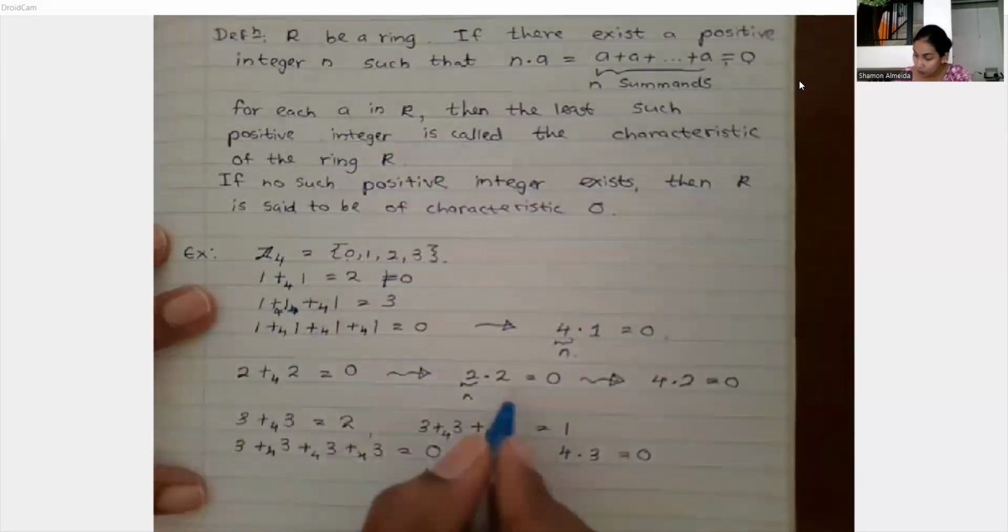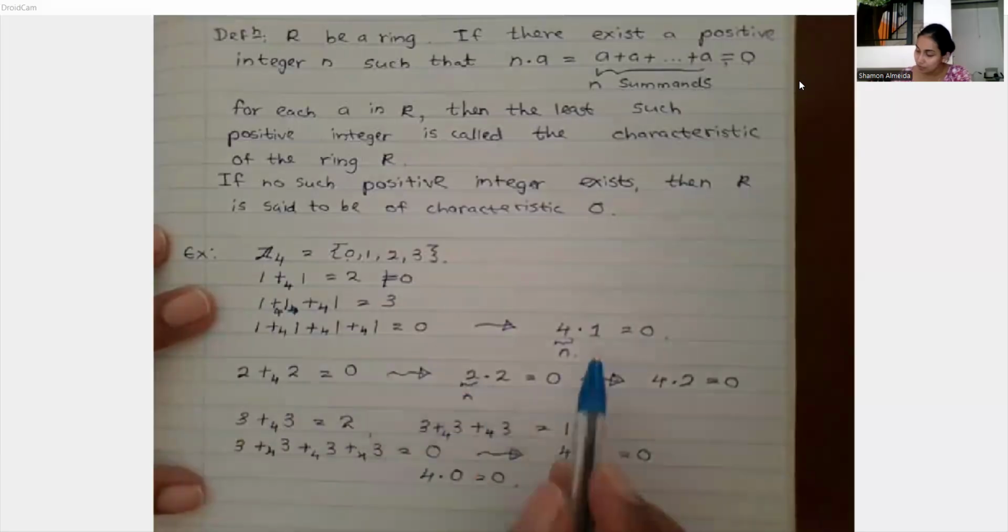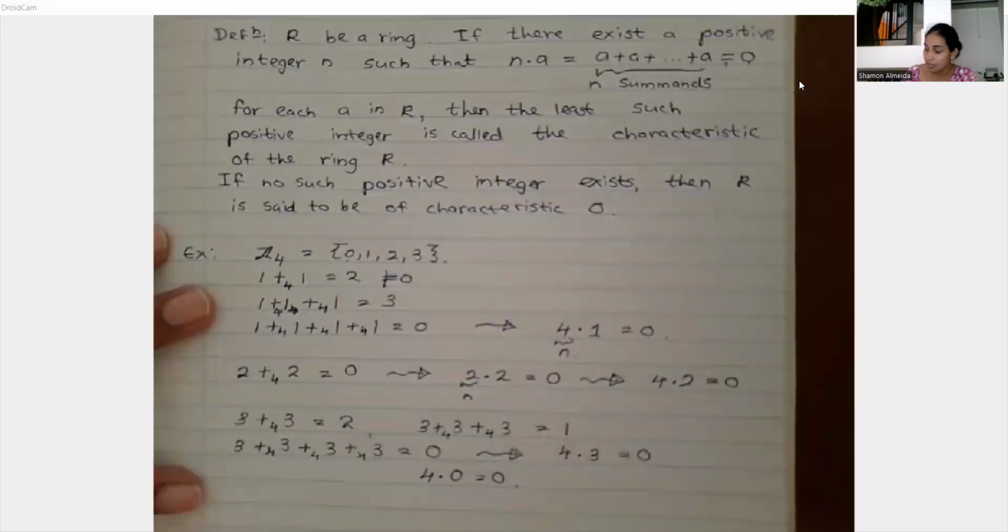Obviously, for 2, you can simply take n to be 2, but this particular value 2 does not work for any other element in the set. 4 does for every element in the set.